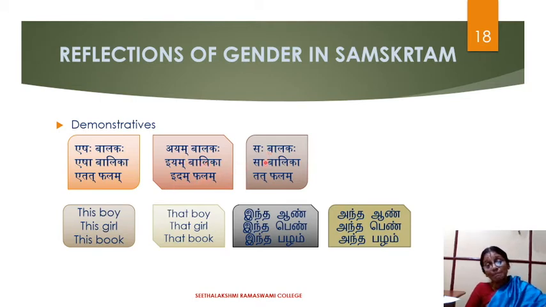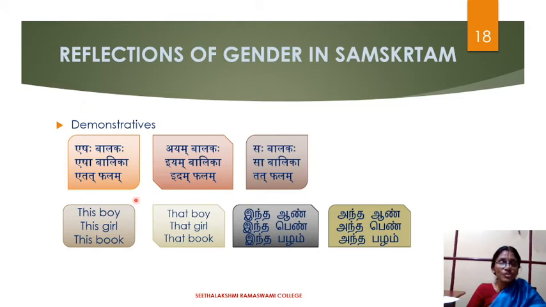Then saha balakaha, sa balika, tat phalam: that boy, that girl, that fruit. So in all three demonstratives, gender is marked. Yeshaha, yesha, yetat. Ayam, iyam, idam. Saha, sa, tat.